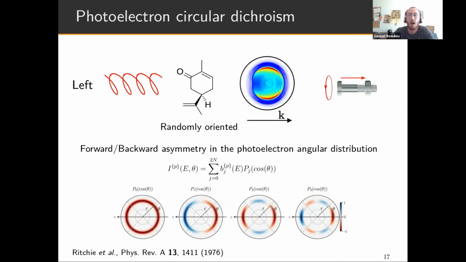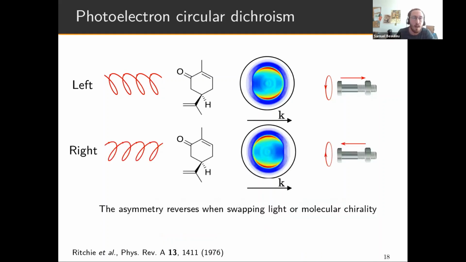And because the odd Legendre polynomials are antisymmetric along the light propagation direction, they are the only ones leading to this asymmetric forward-backward distribution. So this first odd Legendre polynomial is the relevant one to capture this forward-backward asymmetry. It also vanishes if the distribution is symmetric, so for linearly polarized light or for a non-chiral target.